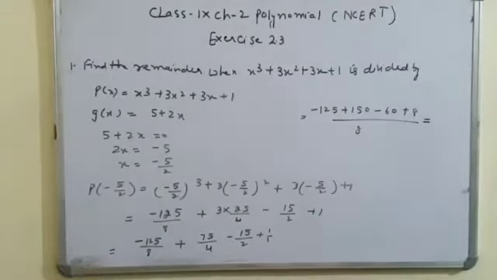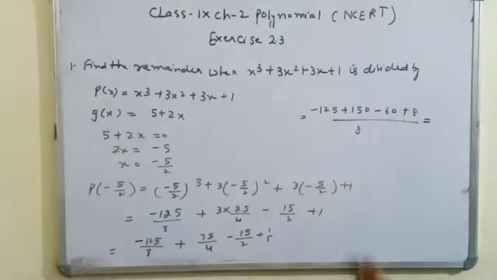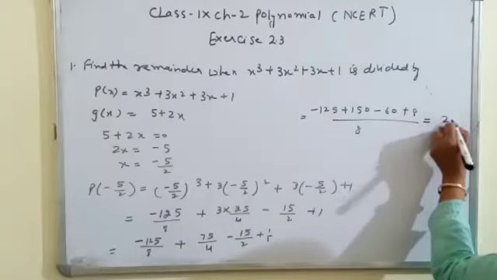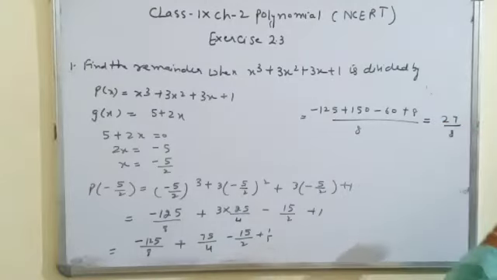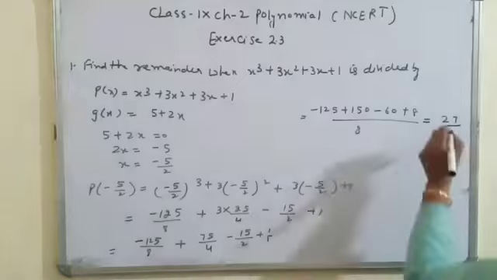Now solve it. Minus 125 minus 60, that is minus 185, and 150 plus 8, that is 27 by 8.